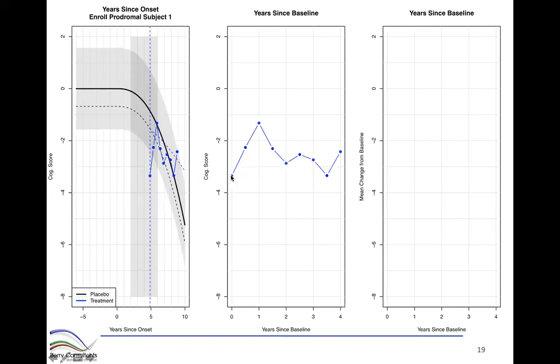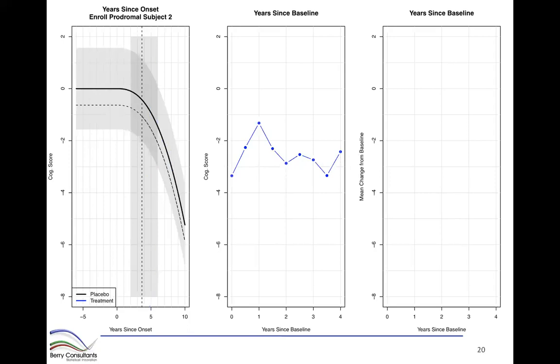So this subject scored about -3 on the cognitive composite at baseline, and then remained relatively flat. Actually, it increased a little bit to about -2.5, 4 years since baseline.